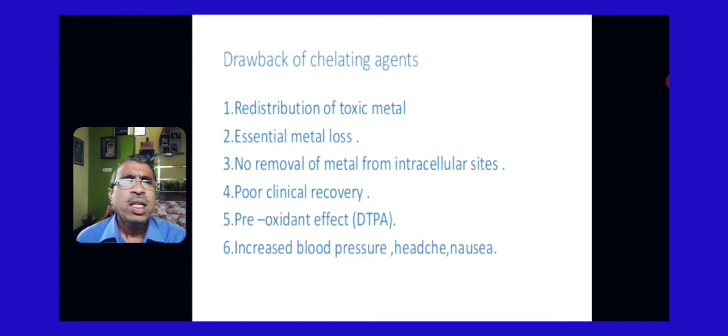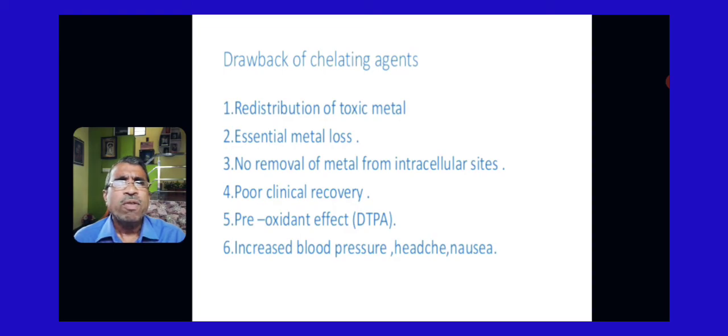Lastly, coming to the drawbacks of chelating agents. So these are all the list of the drawbacks. That is redistribution of toxic metals. Here the toxic metal is also redistributed during the application of the chelates. So sometimes essential metal loss. These chelates remove even the essential metals which are present in the living organisms.